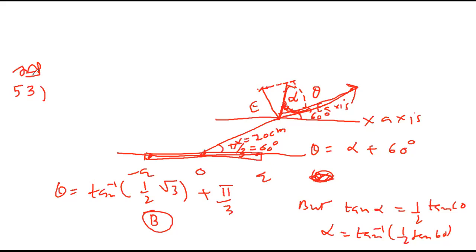Completed. Yes, sir. 54. An electric dipole consists of two opposite charges of 1 microcoulomb each, separated by a distance of 2 centimeter.